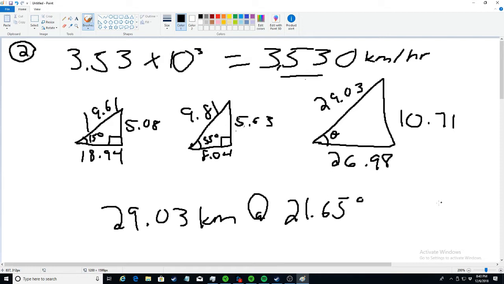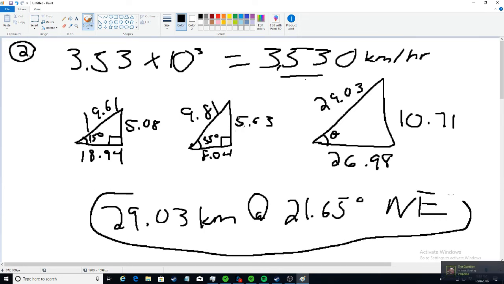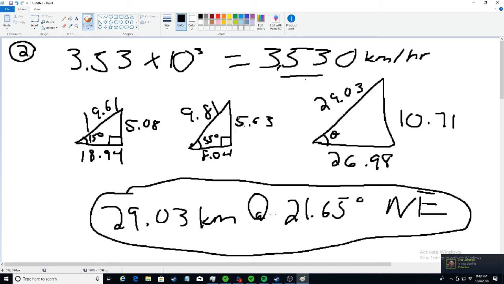As if we drew the original, it would look something like this. Ish. And that's going northeast, as there are no negatives at all, so we can all assume that this is in the positive quadrant. So, 29.03 kilometers at 21.65 degrees north of east.